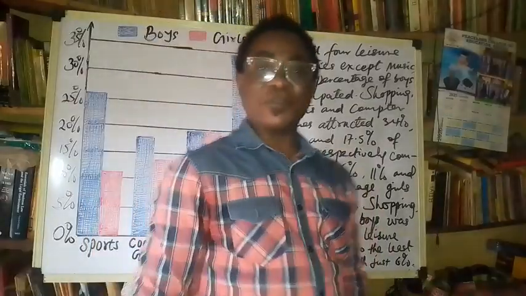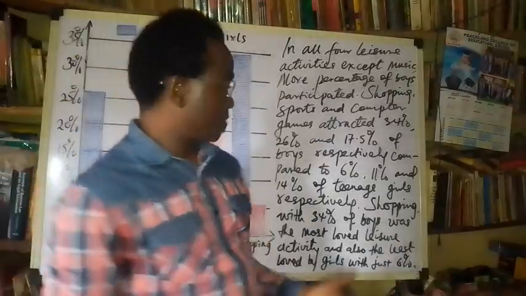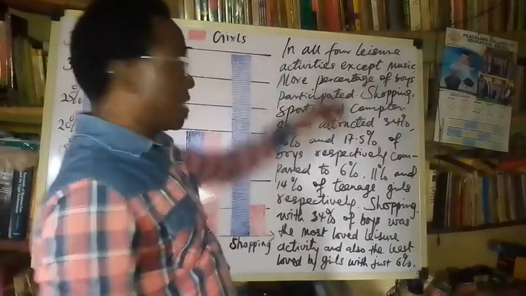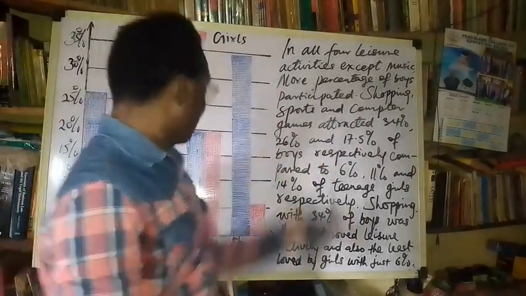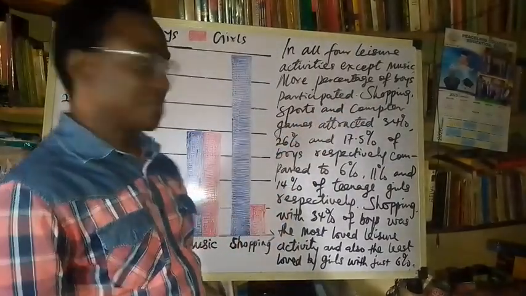Now let's take a look at the analysis so far. We have not finished, but we need to read what we've written first. It says, in all 4 leisure activities, except music, a higher percentage of boys participated.